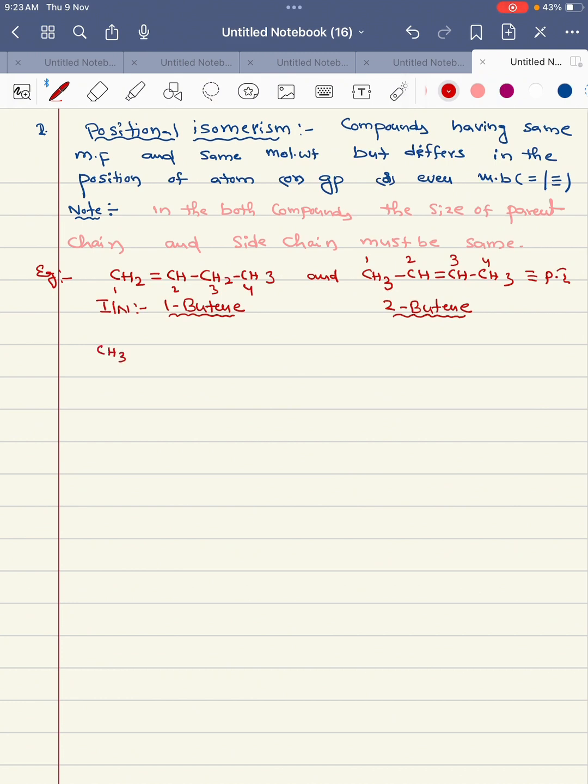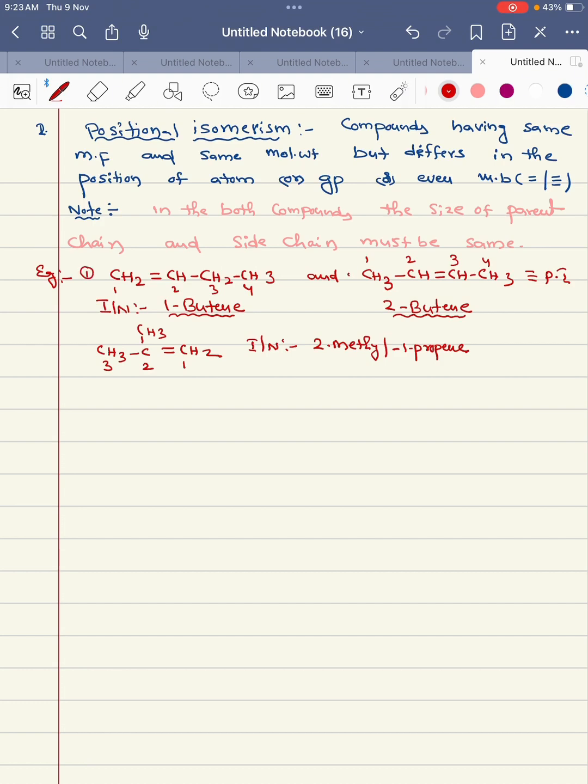And one more: I will write it like this. CH3, C doubly bonded to CH2, with CH3 on the central carbon. Numbering is allotted 1, 2, 3. What is the IUPAC name of this compound? It is called 2-methyl-1-propene. See, they may ask you the relation between compounds 1 and 2.